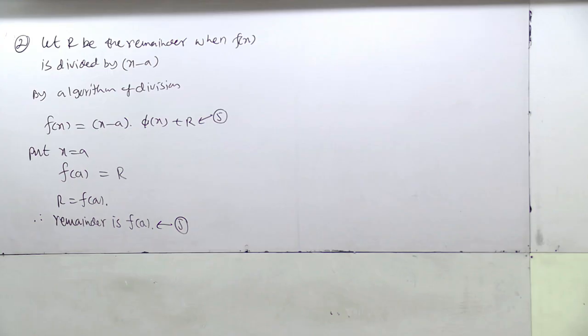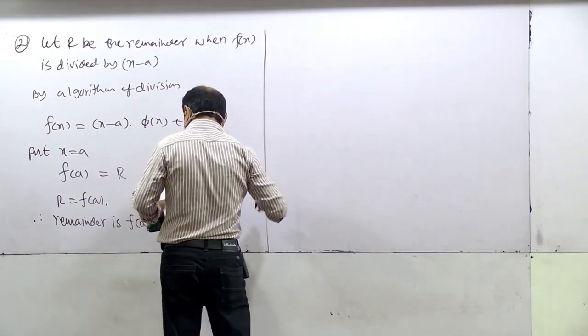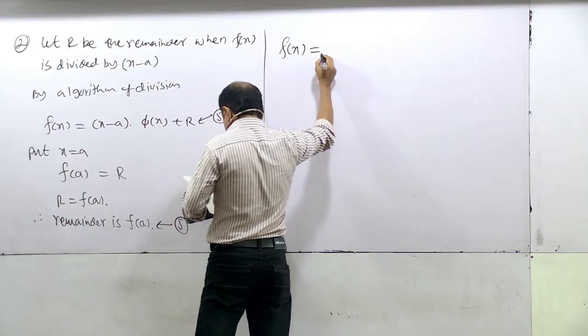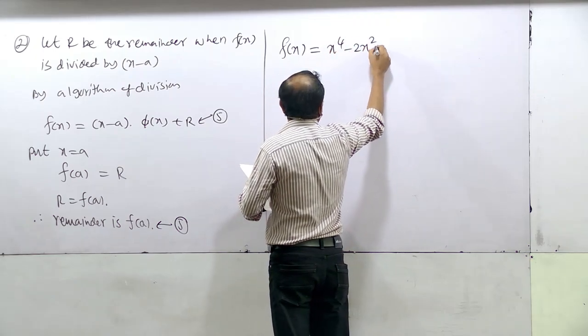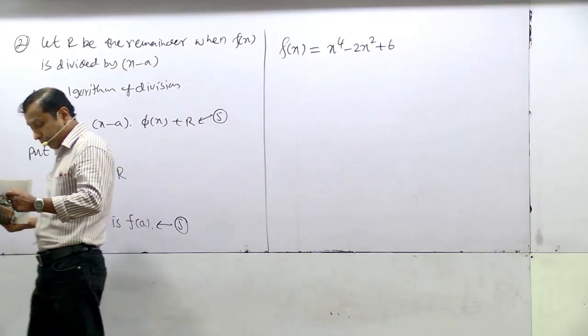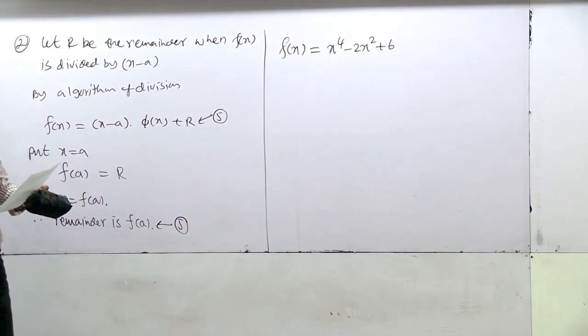You are given f(x) is equal to x^4 minus 2x squared plus 6. We are asked to show that the function f(x) has no factor in the form x minus k.